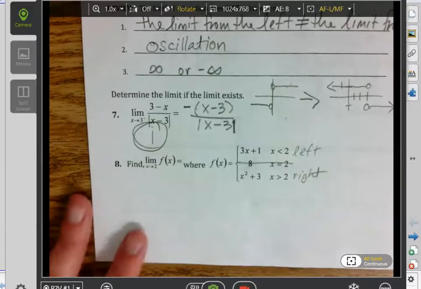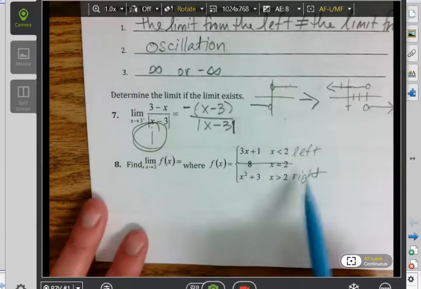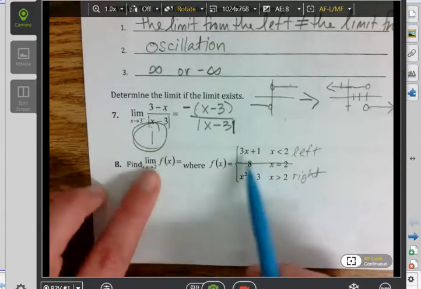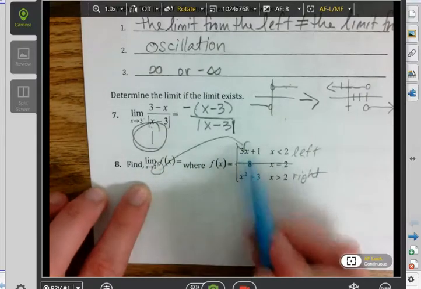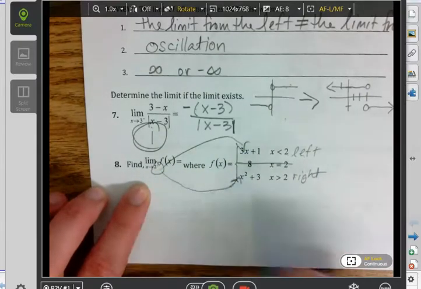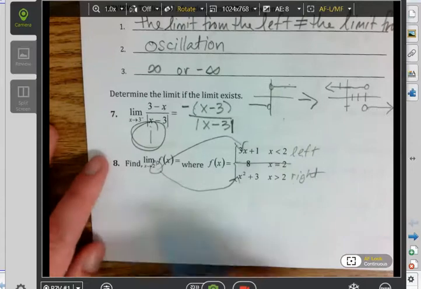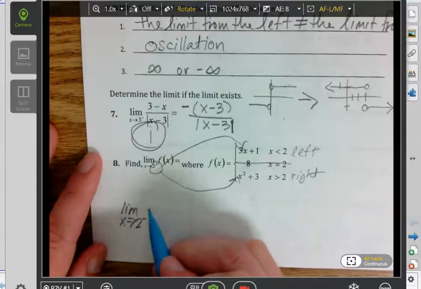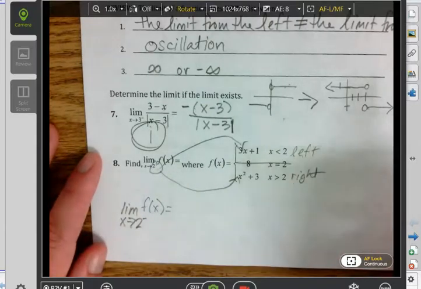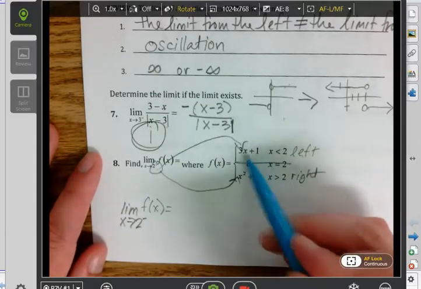We don't need that. So what we want to do is figure out if our left limit equals our right limit. So we're going to plug in 2. We're going to plug it into this x and to this x to see if we get the same value. So from the left, the limit as x approaches 2 from the left. Let's see, I put 2 here, so I have 3 times 2 plus 1.